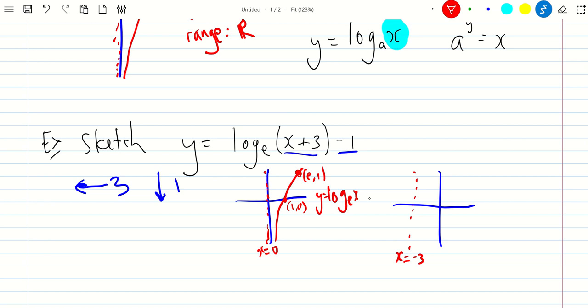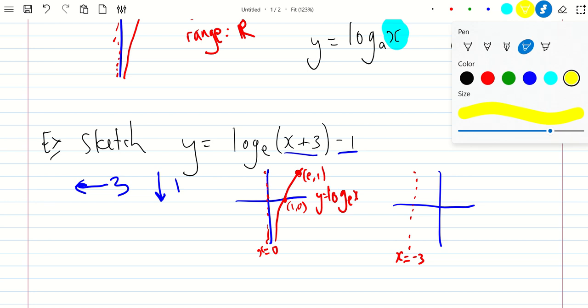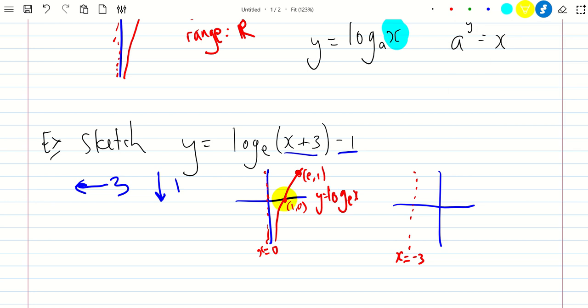The graph's going to come up, and because the original graph goes through the point (1, 0), if it moves to the left, it's going to go through the point (-2, 0). So we know that's going to cross at -2 here. It goes through that point because it's moved to the left by 3. So that's what it will look like.